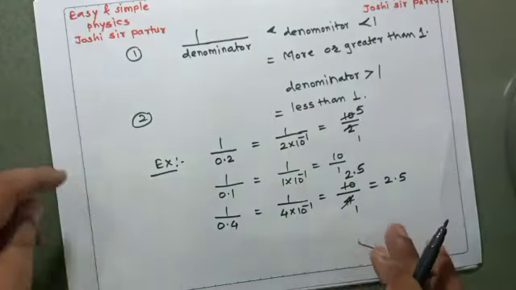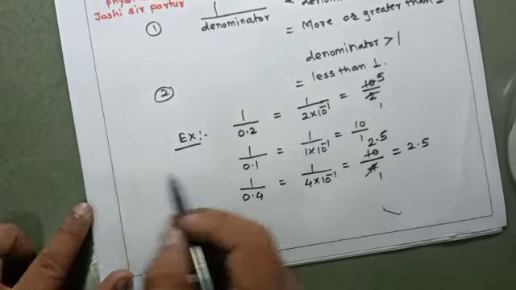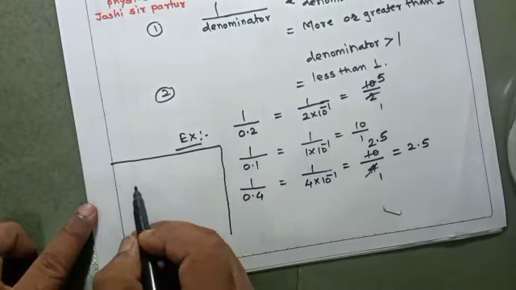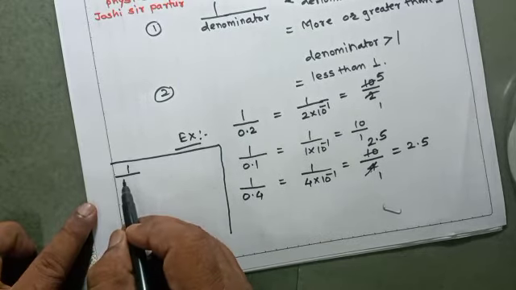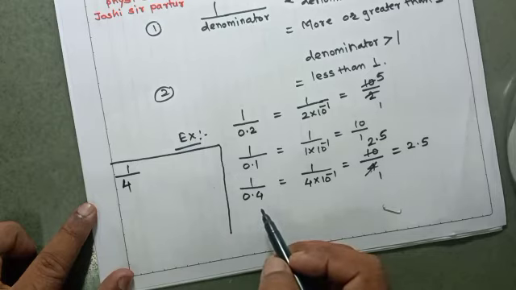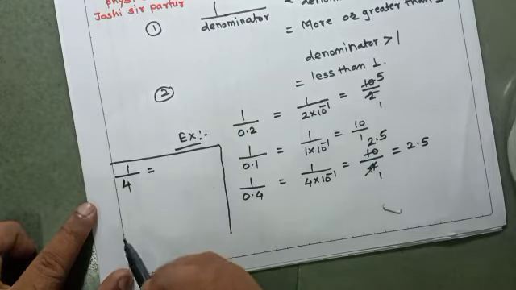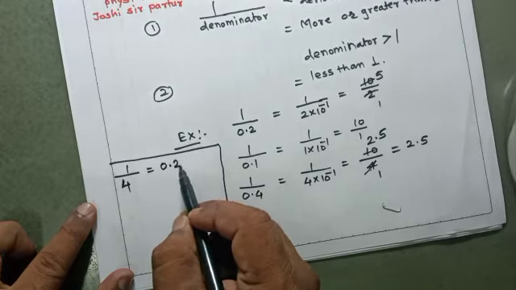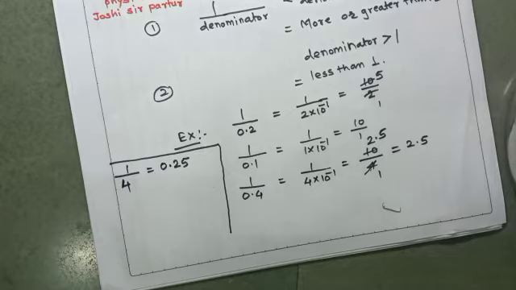But when the denominator is greater than 1, suppose here we see 1 upon 4, the denominator is greater than 1. So its reciprocal will be 0.25, which is less than 1.